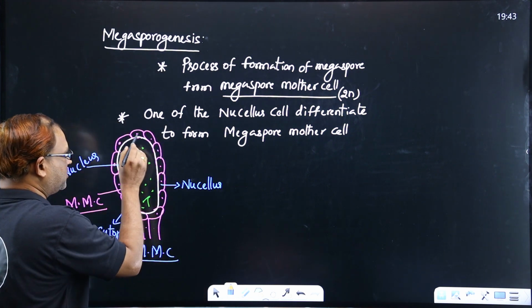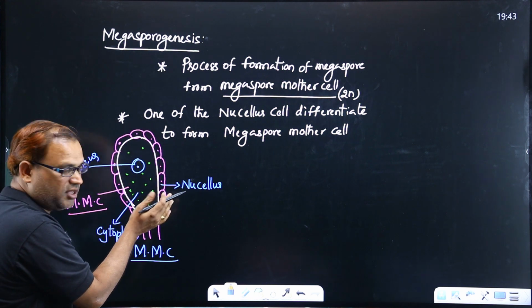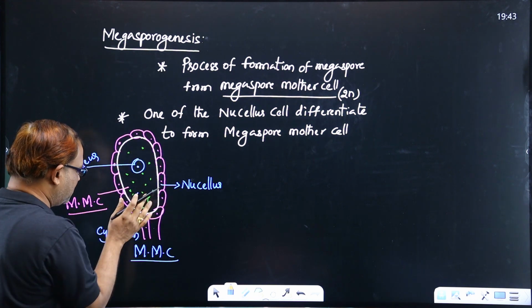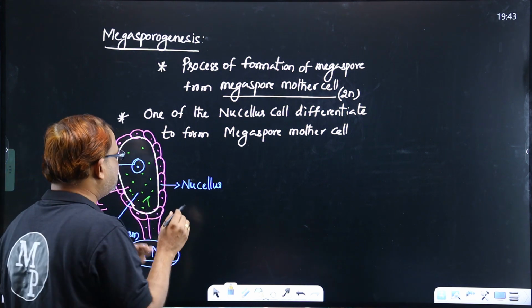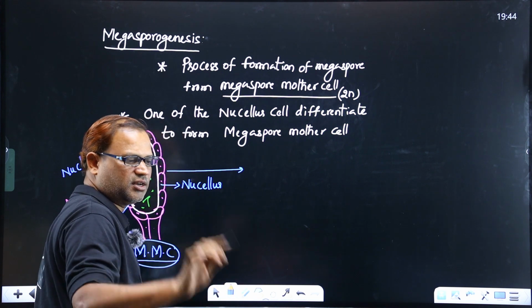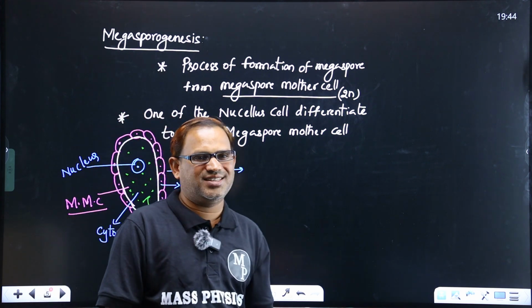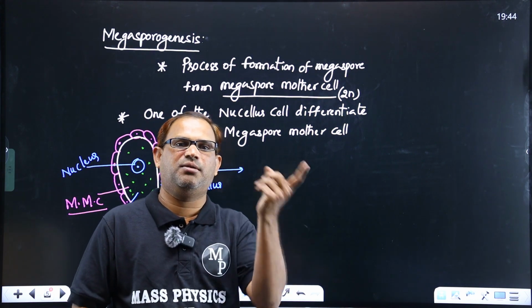Among the number of nucellus cells, one cell is differentiated. That bigger cell is called the megaspore mother cell. This megaspore mother cell undergoes the first meiotic division. Meiosis is reduction division, with meiosis 1 and meiosis 2.